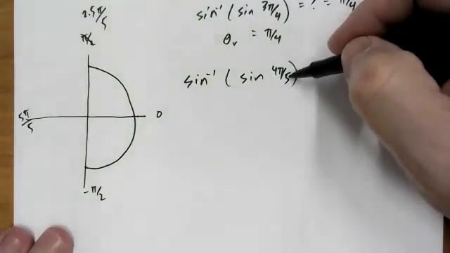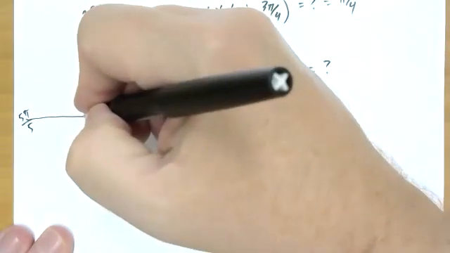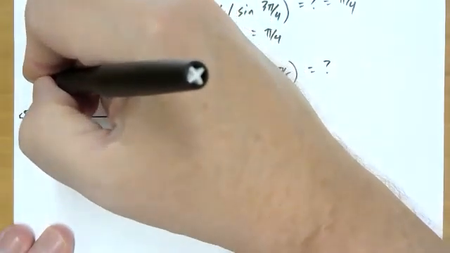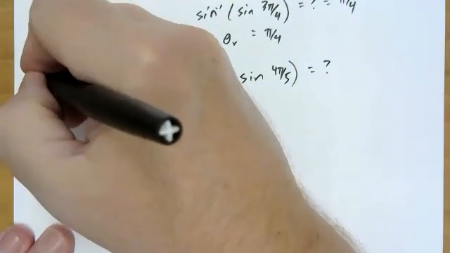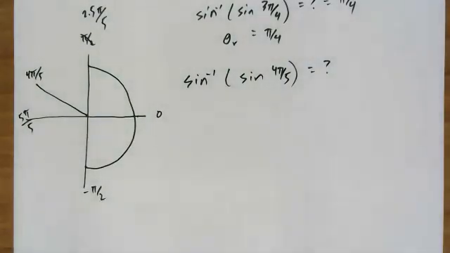Where's 4 pi? Well, obviously 4 is bigger than 2.5 and less than 5 pi. So my guess is 4 pi is here in the second quadrant. So now, first step is always find your angle.